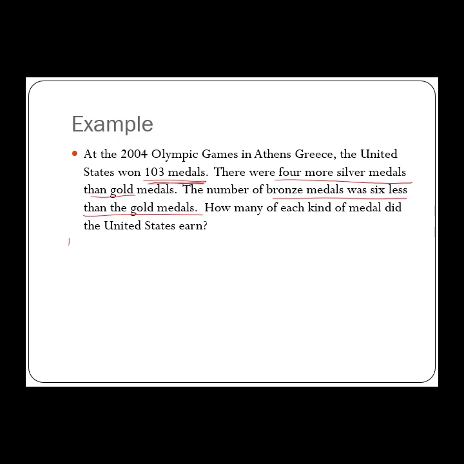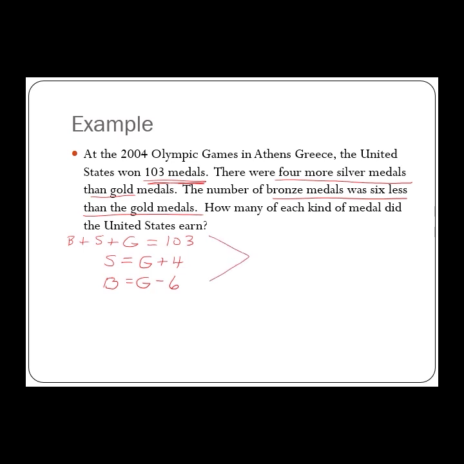So bronze plus silver plus gold, all of the medals together, has to be 103. Silver was 4 more than the gold. Bronze was 6 less than the gold. So that's how we can describe all of those things.